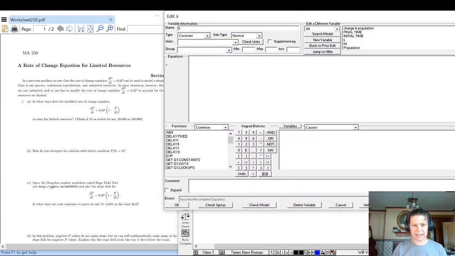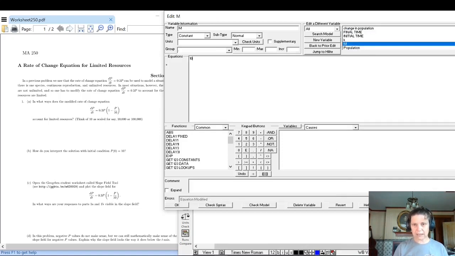So the first thing is, according to our model, our K, our growth rate is 0.3, or 30%. And this is going to have units of 1 per time. I said time was in days. And then I can come over to this little area and just start putting things in.